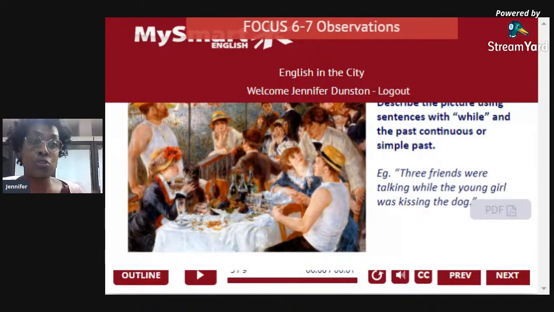Notice how in these two accounts of morning activities, we have our while with our past continuous, so we know that we use while with long activities. We use when for short activities. And we have our adverbs of sequencing. So first, then, next.